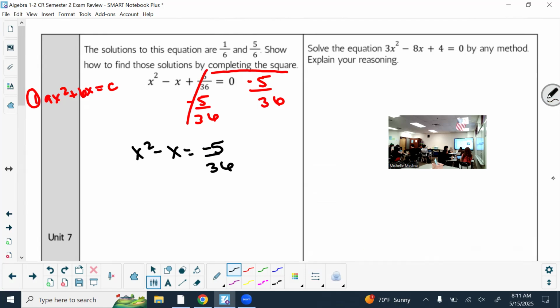What's the second step? And then what do you do? Okay, so we take half of b, we square it, and then we add to both sides.